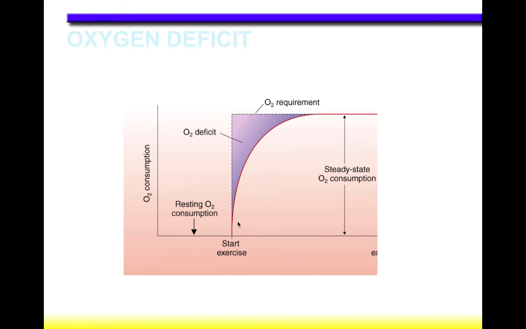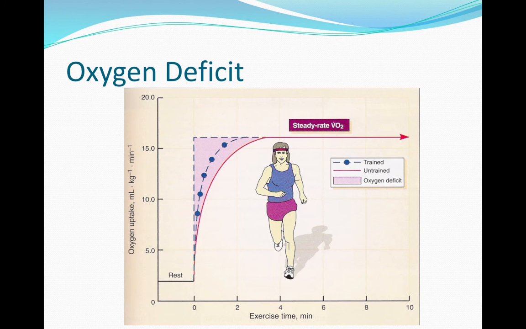If you are a well-trained person, you will reach steady state sooner. So if you're an aerobically trained person, you'll reach steady state, maybe here instead. So the area under the curve here, or the area outside the curve, the O2 deficit will be smaller in a well-trained aerobic athlete. So we have our trained individual reaching steady state sooner, and so you can see that shaded in area.